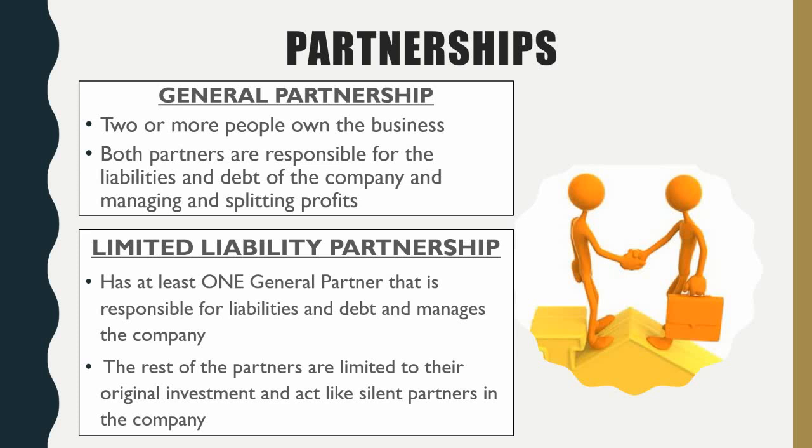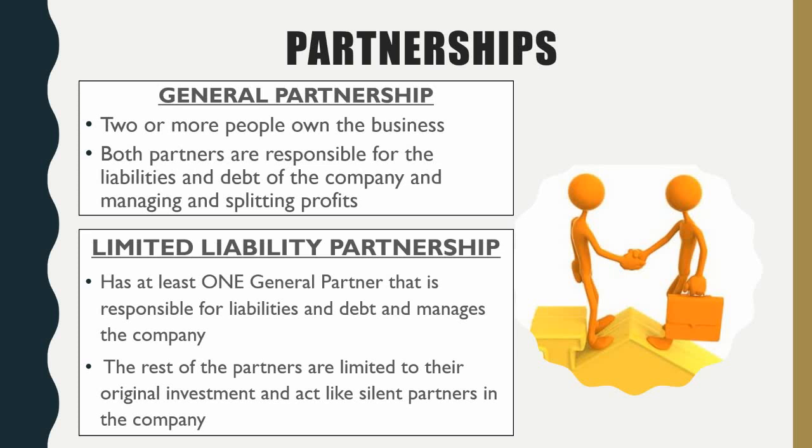A general partnership, okay, is where you have at least two or more individuals or partners that own the business, okay? And what those partners do is they're going to split up and divide the amount of responsibility equally amongst each and every individual, okay?